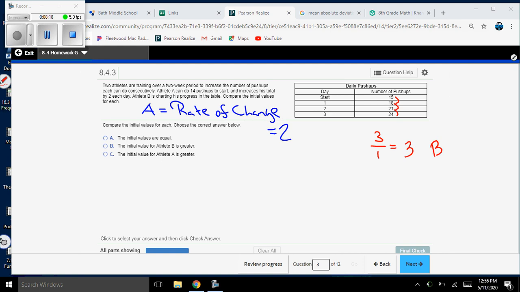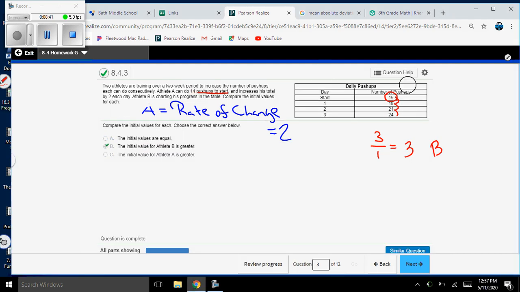Compare the initial values for each. Choose the correct answer. The initial values are equal. So A can do 14 to start, and B can do 15 to start. So athlete B has the greater initial value.